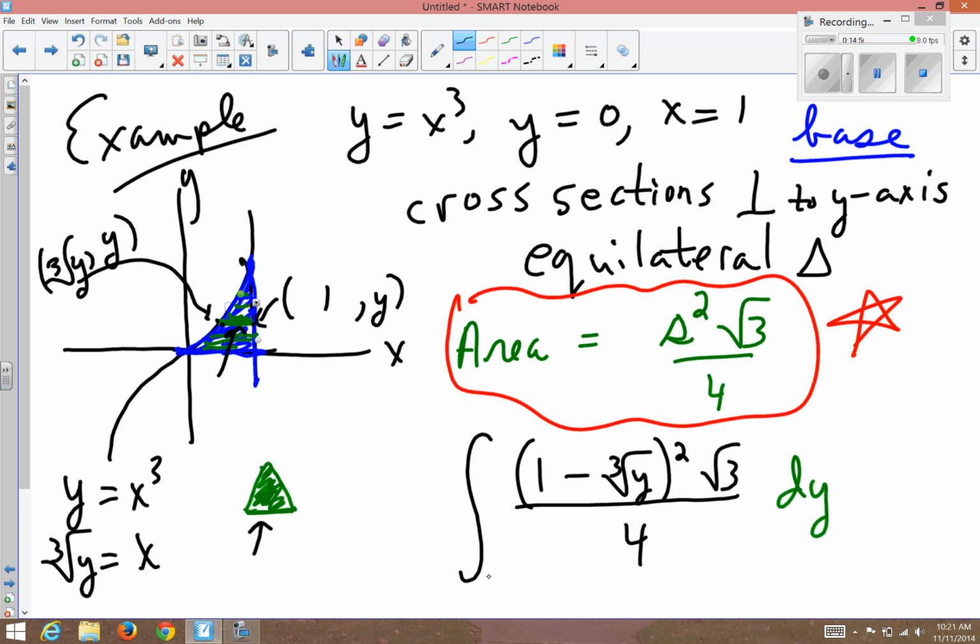Down here we have the smallest y in the blue region, and up here is the largest y. This intersection point, by the way, is 1, 1. And there's no y lower than 0 in this region, so 0 on the bottom. There's no y larger than 1. Make sure you understand we're using this 1, not the x.